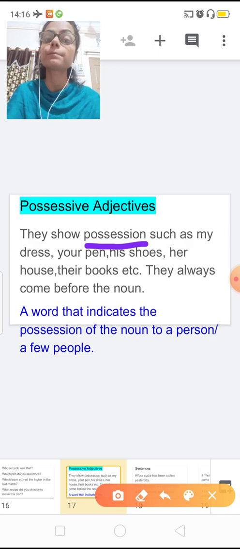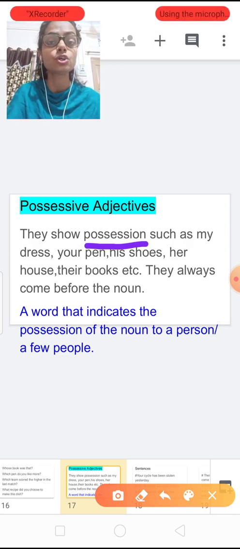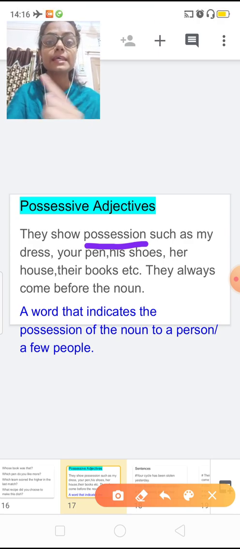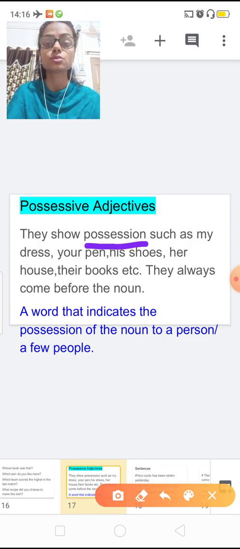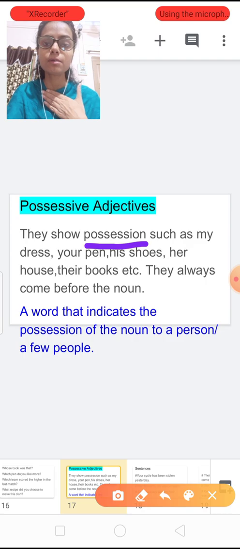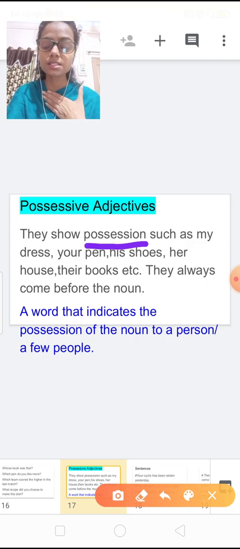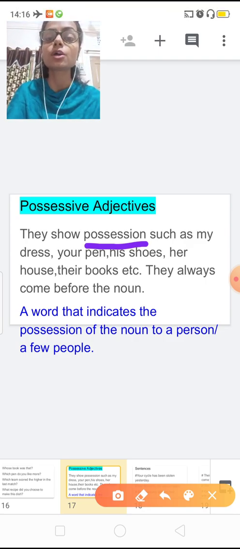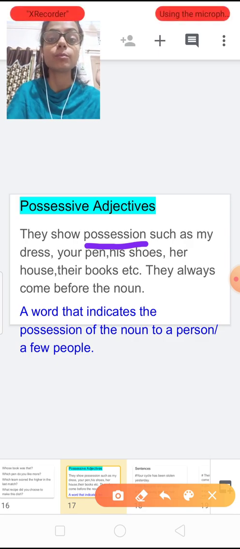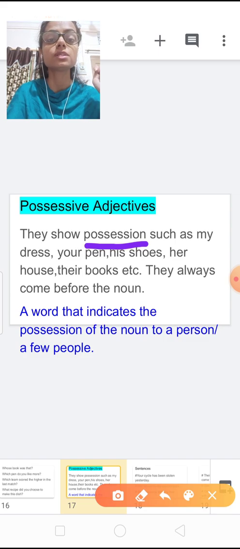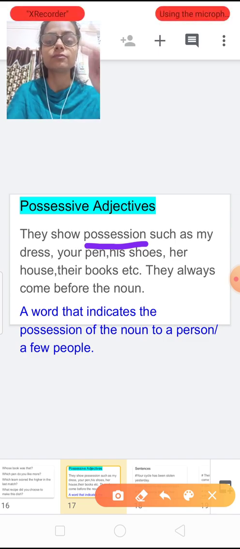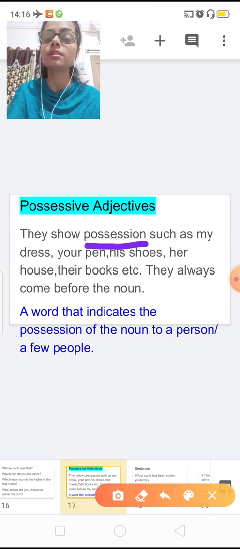They show possession, such as my dress, your pen, his shoes, her house, their books. My, I am using for myself. For you I am using your pen. For boy I am using his shoes. For girl I am using her house. And for many persons I am using their books.